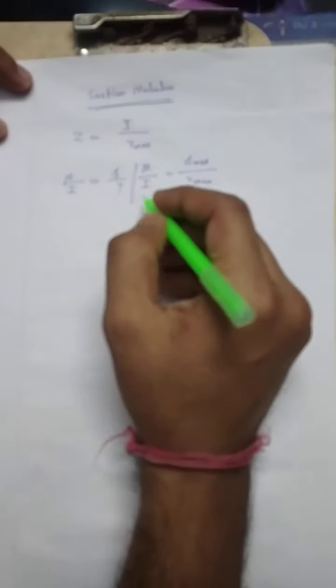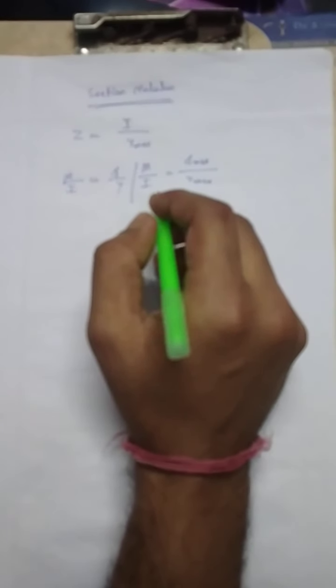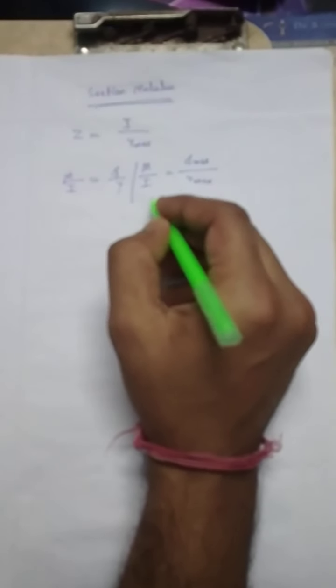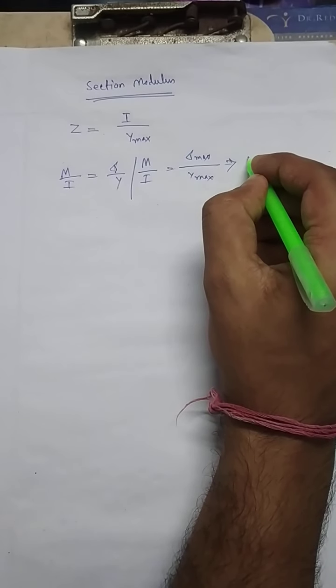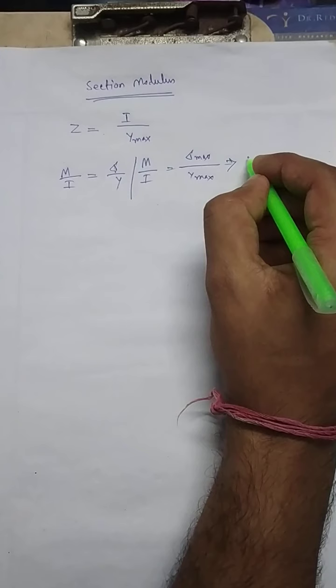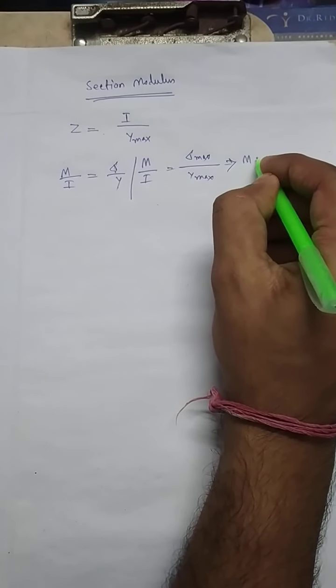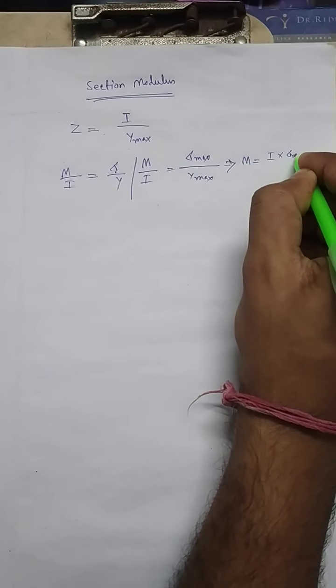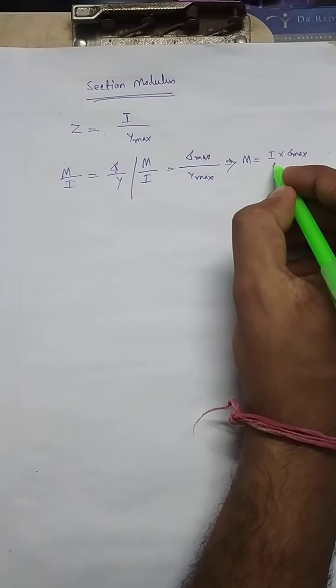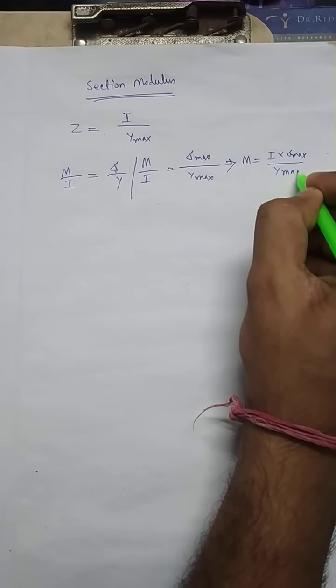So from here, if we rewrite the equation, it will look like M is equal to I into sigma max divided by y max.